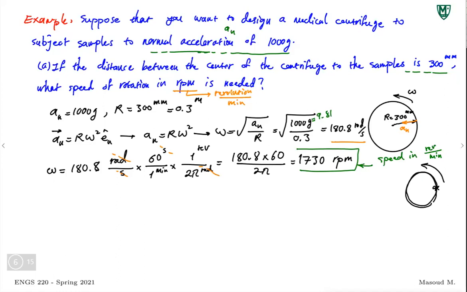That's what we are given in the problem statement, 1000 G. That's also something else you would see a lot, that they refer to acceleration as a coefficient of G. G is an acceleration, meter per second squared, so anything multiplied by that still gives you a value for acceleration, just a different way of referring to the magnitude of acceleration.